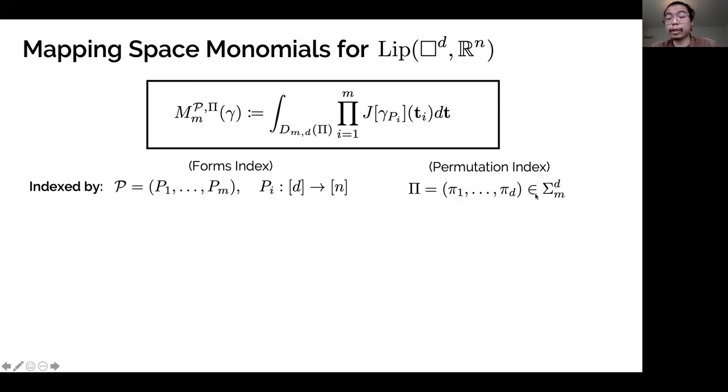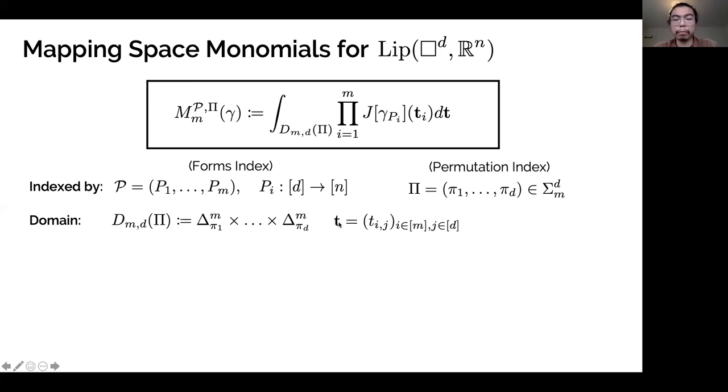This is just a collection of D elements of the degree M symmetric group. The domain, this D M D pi, is a product of permuted M simplices. I'm going to be using boldface T to denote an arbitrary element of this domain, and T i to be one element from each of these simplices.